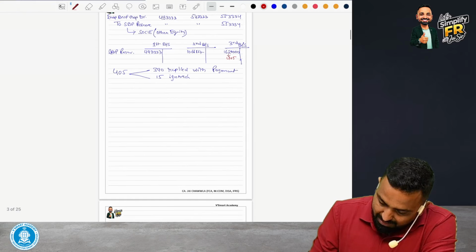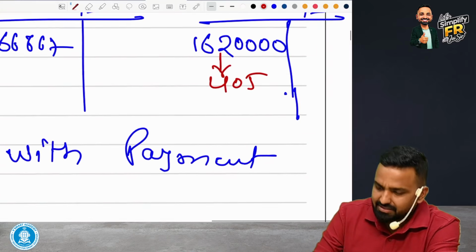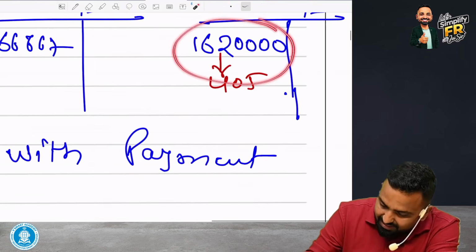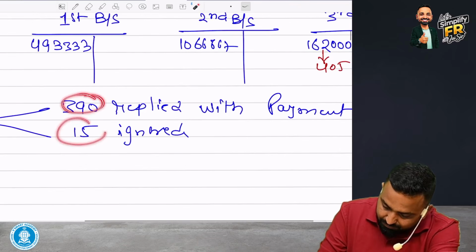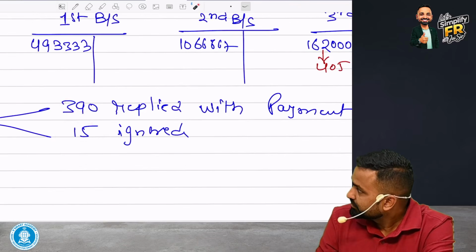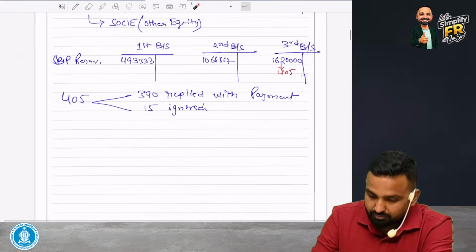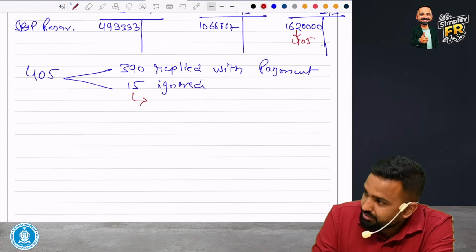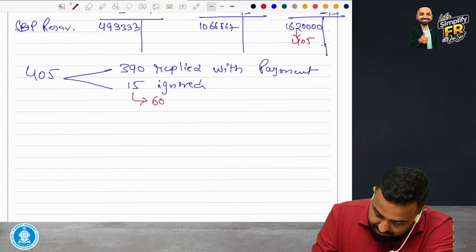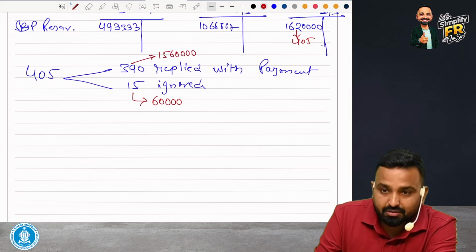Coming to our main part. Can you please bifurcate this into 390 and 15? For 15 employees, 60,000, and for 390, 15 lakh.